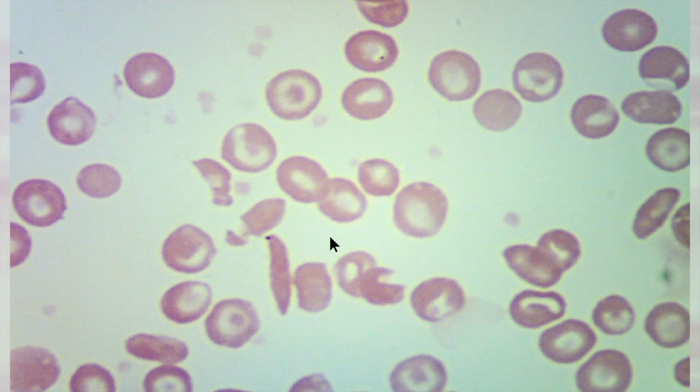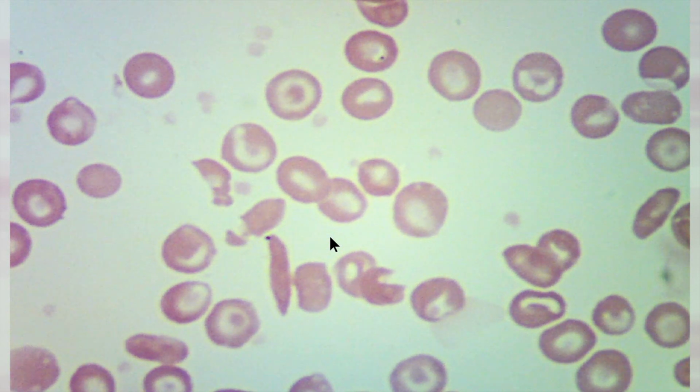Imagine that every organ has blood vessels, capillaries, and in those capillaries, these sickle cells are going to cause obstruction. They cause vaso-occlusion, and any tissue distal to that occlusion is not going to receive blood and will go through ischemic death, basically.